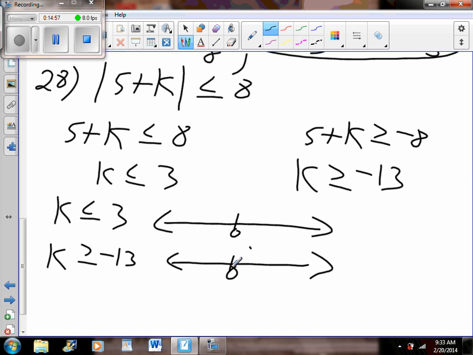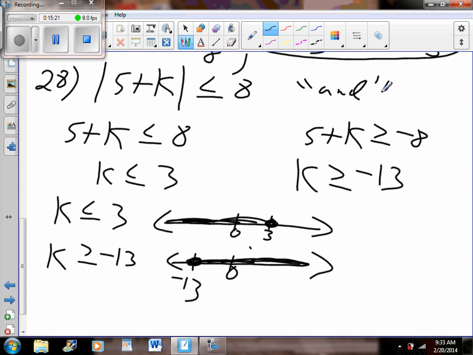Less than or equal to 3, I come out here and find a 3. Heavily shade the dot. Go left. Find over here negative 13. Heavily shade the dot, and now heavily shade to the right because all the values are greater than. Now, since this is an and, right?